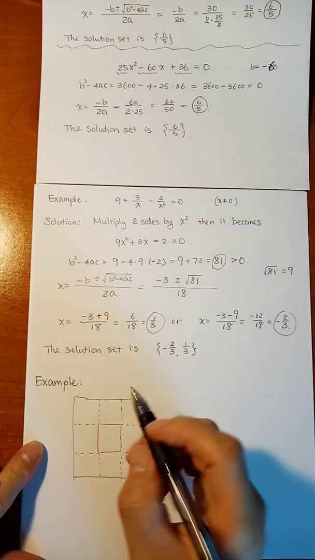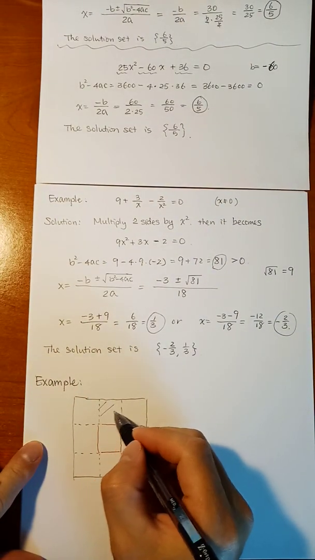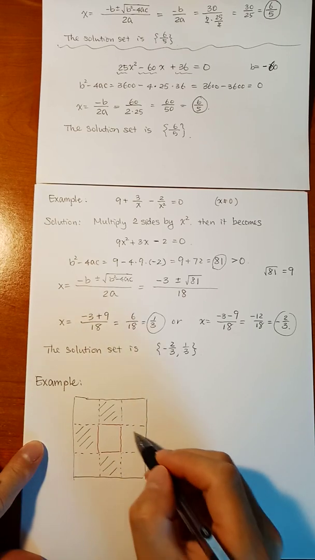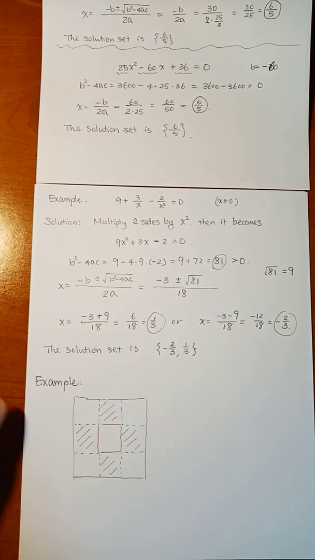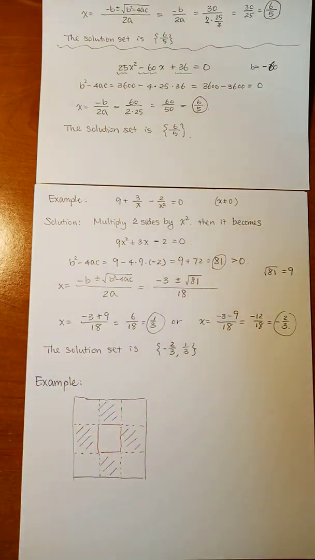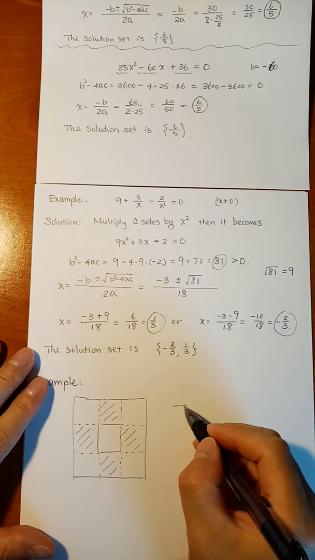After I remove them, I will have a cross, and you fold 4 pieces along this red line to form a box.